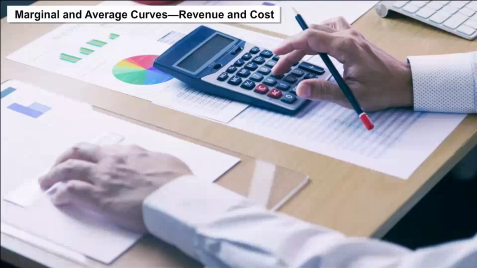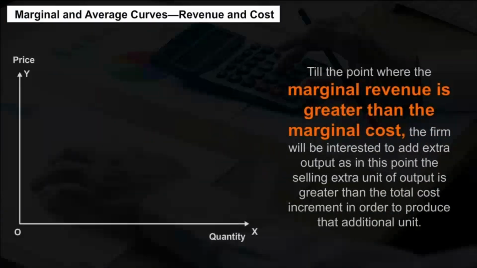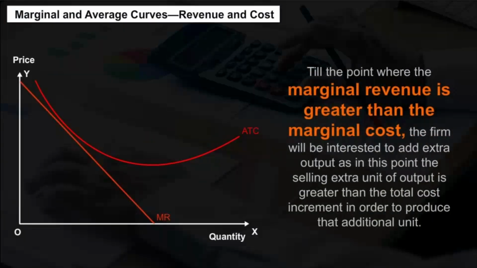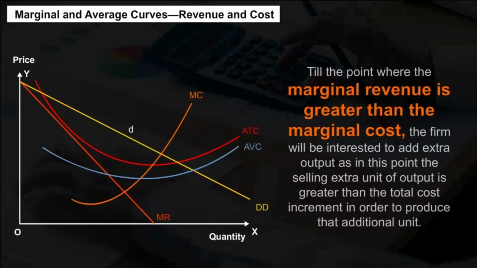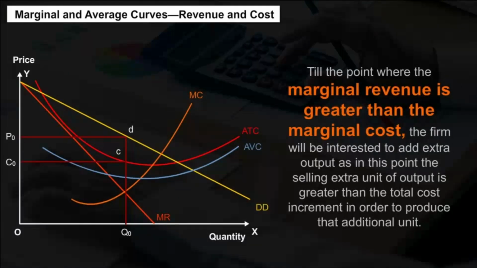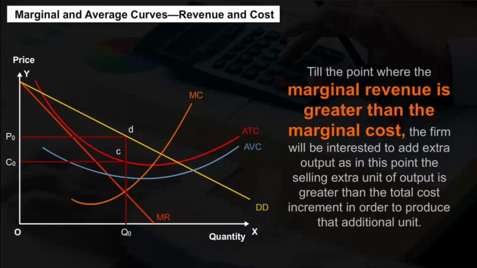Marginal and average curves, revenue and cost. Till the point where the marginal revenue is greater than the marginal cost, the firm will be interested to add extra output, as at this point, the revenue from selling an extra unit of output is greater than the increment in total cost to produce that additional unit.